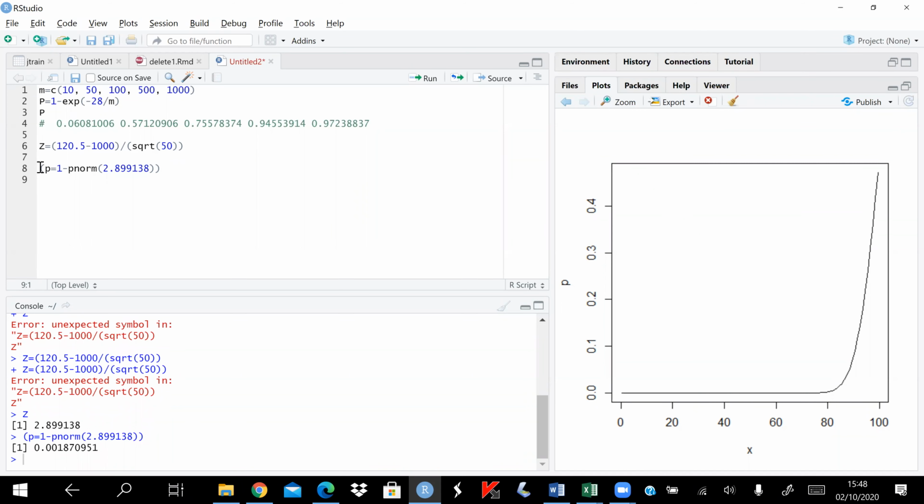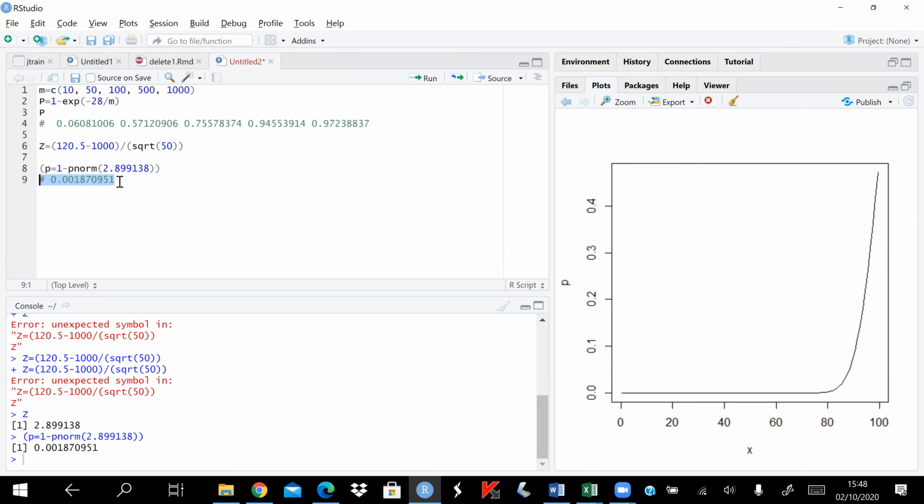So the p-value is 0.0018 something. Okay, so the p-value is this number here, 0.00187.